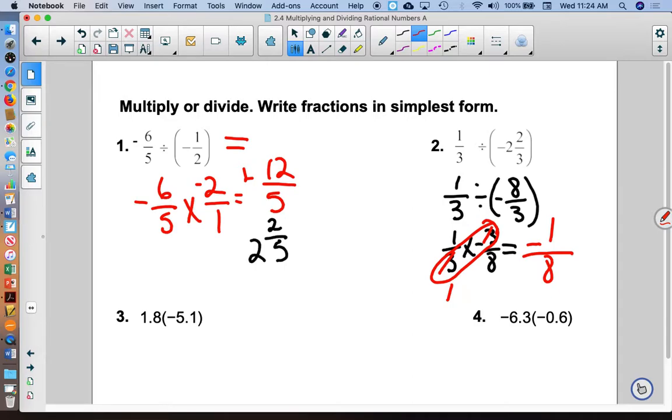Something not right. It has to do with right here. Something's wrong there.